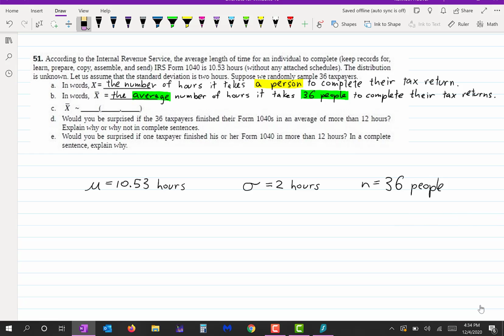They're asking us here in part C, what's the distribution of the x bars? Those are always normal with the average of, like I was talking about below, the average of the x bars. Okay, so what is that? The formula is that that's always the same as mu. So that's going to be 10.53.